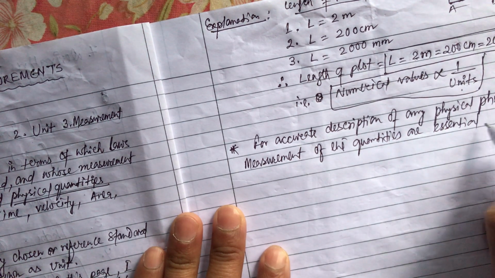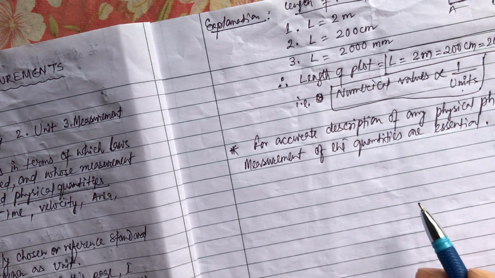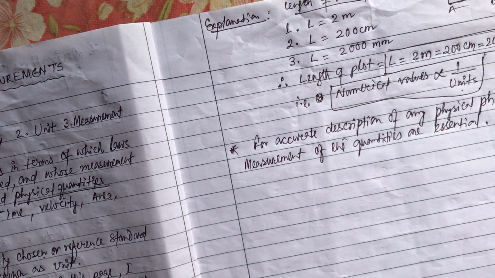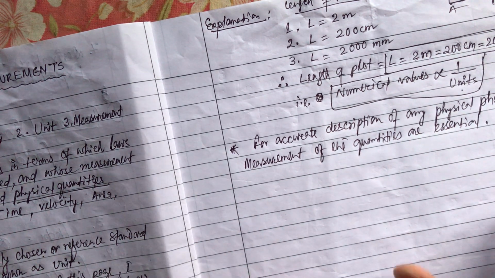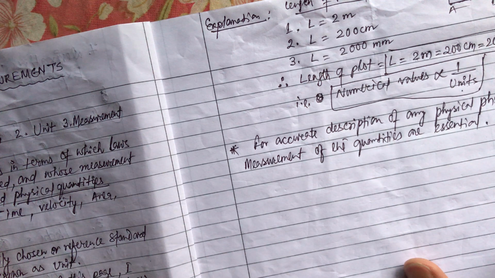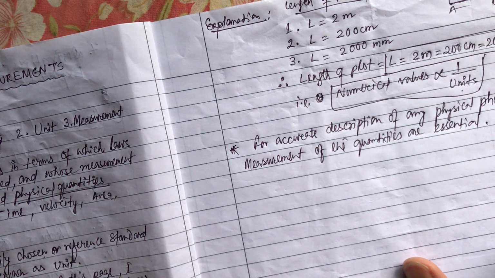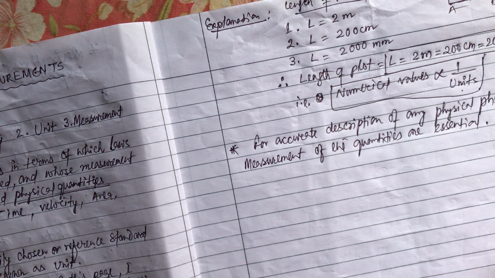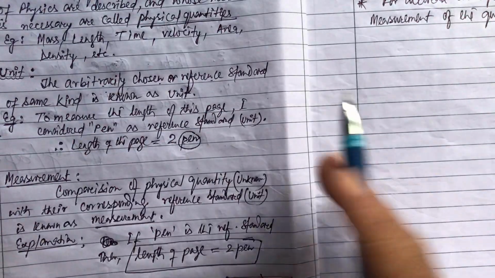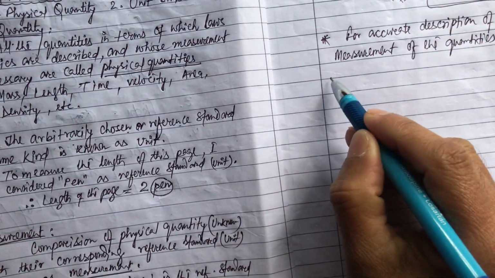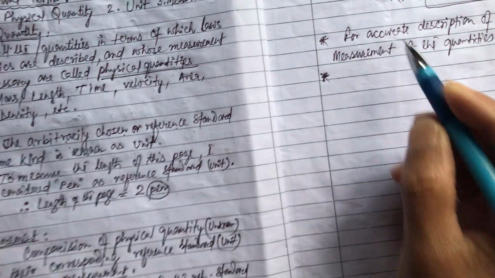This is the reason why we need measurement of physical quantities. These are the basics of this chapter. This is the basic only. Now we'll go in depth, slowly. So if we go further, when we talk about all these things, another question comes in front of us.